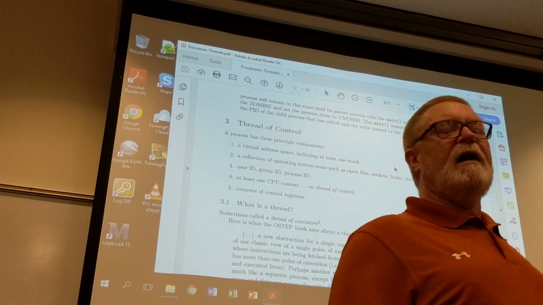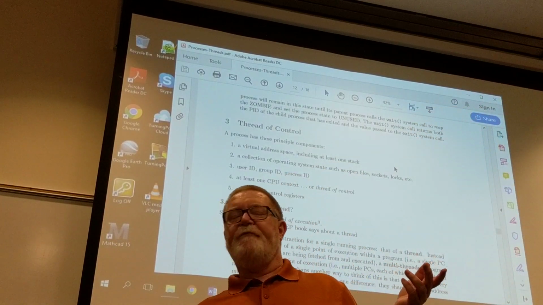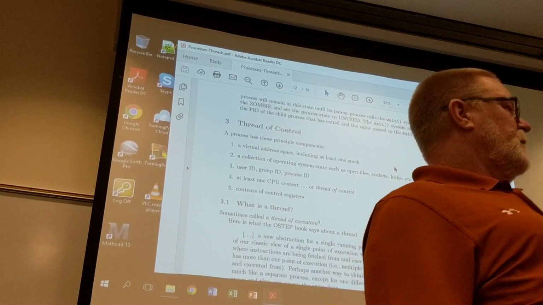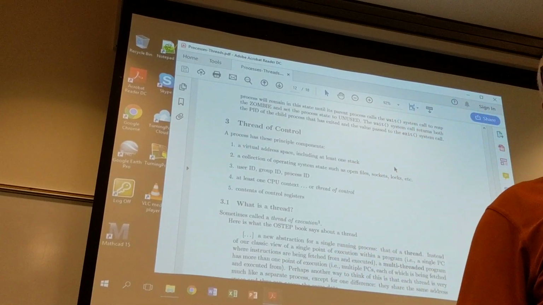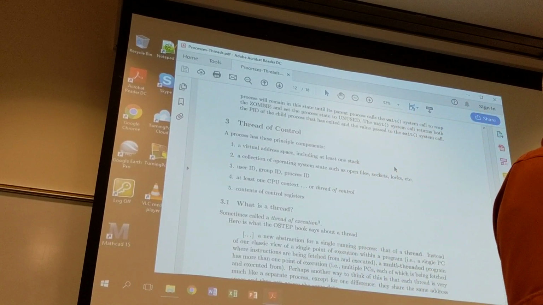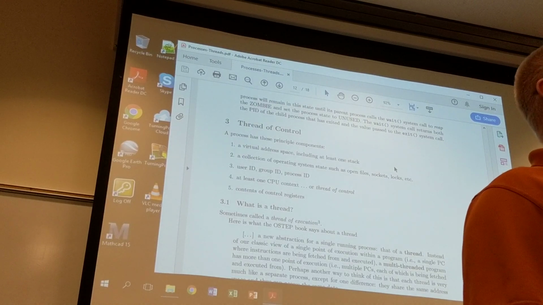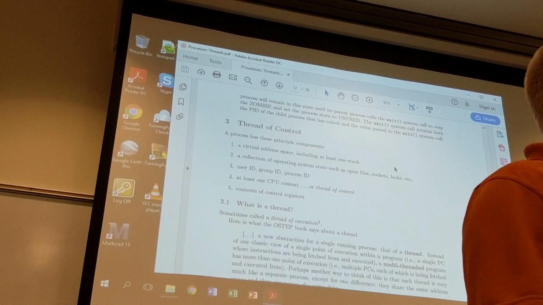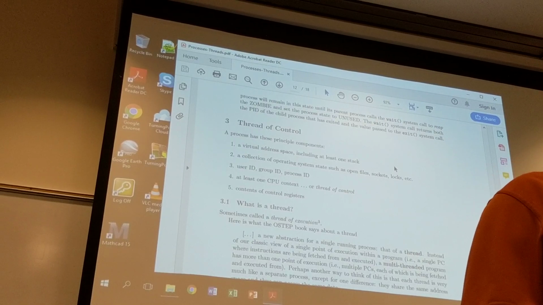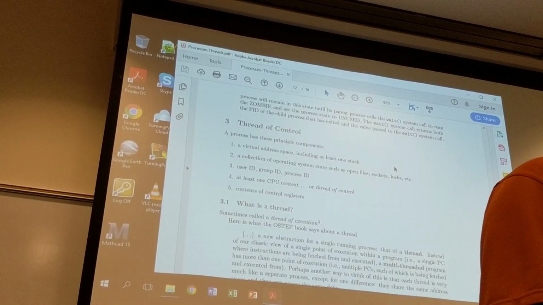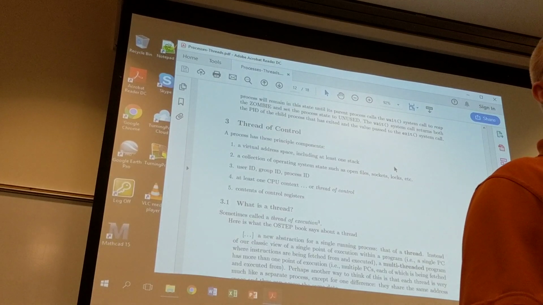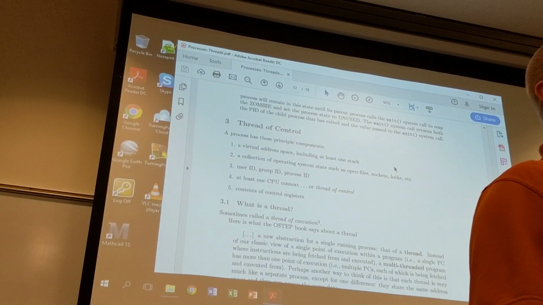And at any particular point in time, the system registers have particular values that are unique to the thread. And we call that a thread context. Every process has at least one thread. If it only has one thread, we don't point out that it has one. So remember that we had a context in the process.